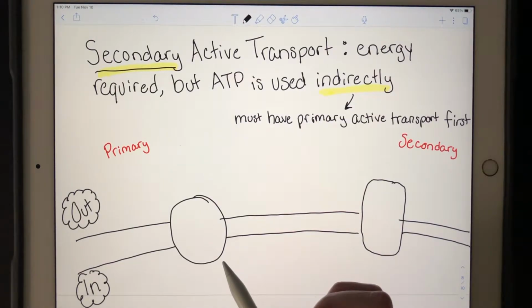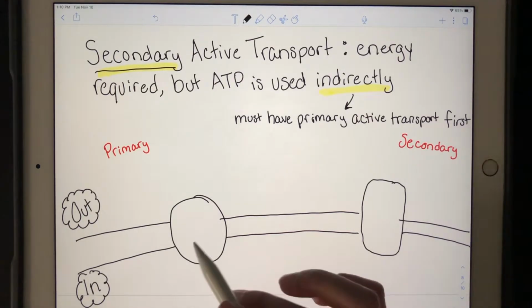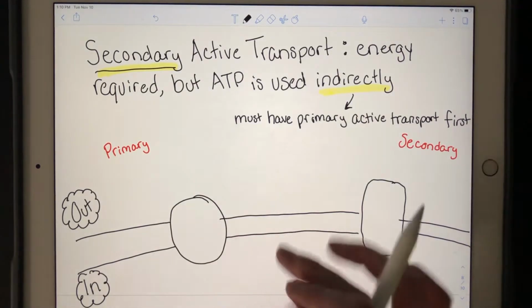So for primary active transport, we already know an example of how this occurs, and that is with the sodium-potassium pump. So I will make a simplified sketch version of the sodium-potassium pump over here.